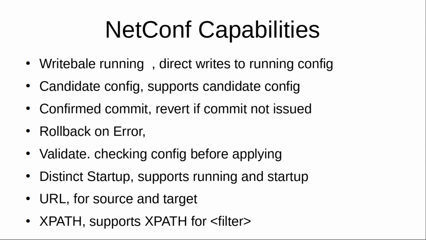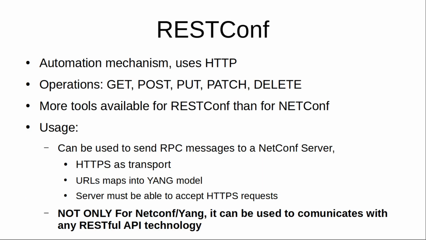There are several capabilities that are exchanged when the client and the server communicate. And there is the other standard, Restconf, which is also an automation mechanism just like Netconf. But the big difference with Restconf is that it uses HTTP with HTTP operations, and you will find that there are more tools available for Restconf than for Netconf.